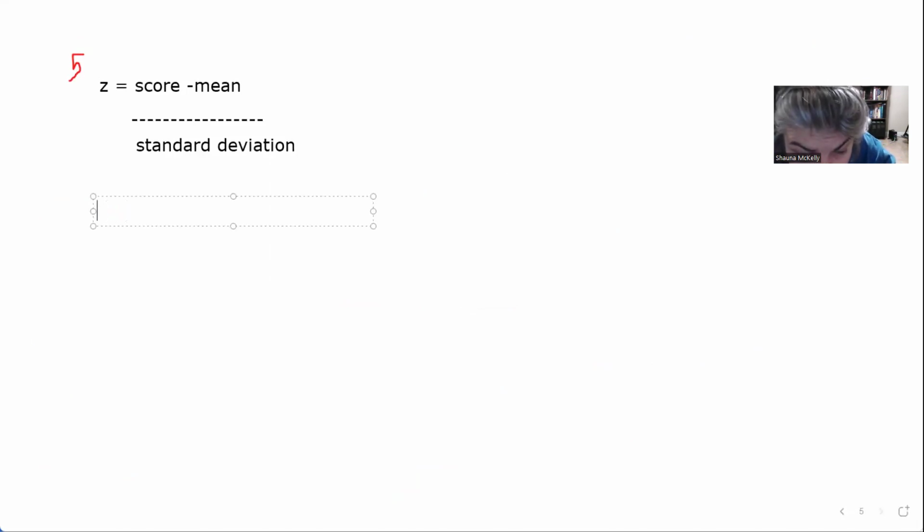So they gave us our score, essentially. We're looking for the score of the average number of days. Let me write the symbols next to this.